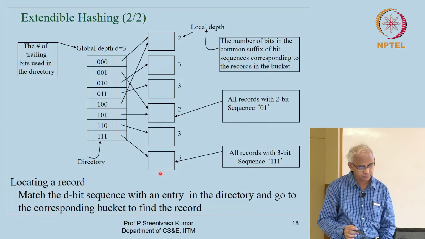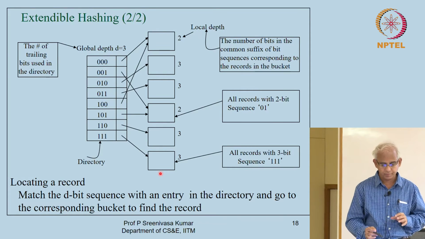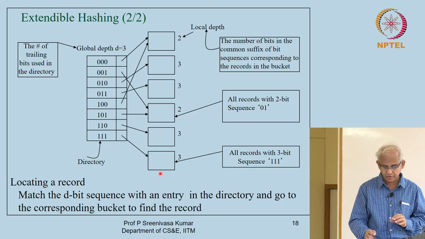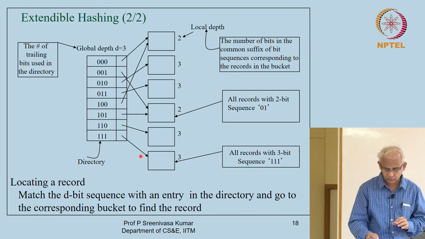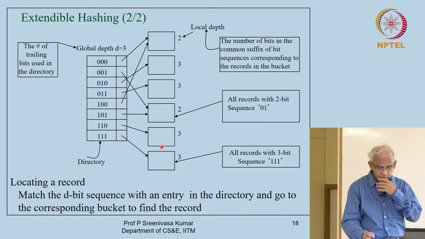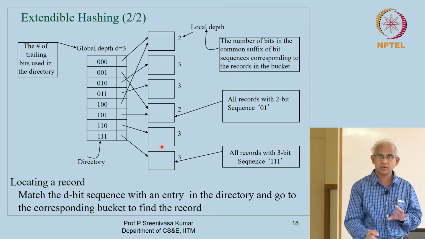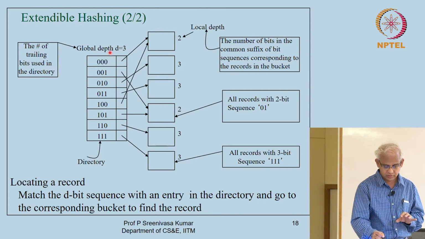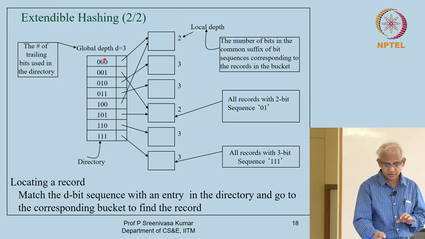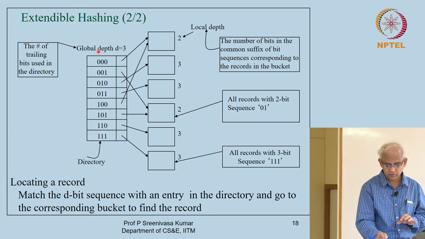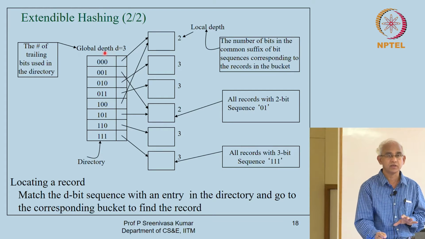Here is how extendable hashing works. There is a very interesting picture here, focus on this. The scheme makes use of a directory, and this directory has a certain depth called the global depth.